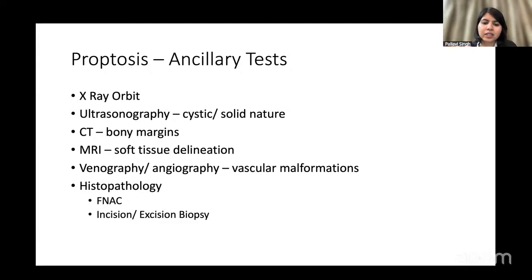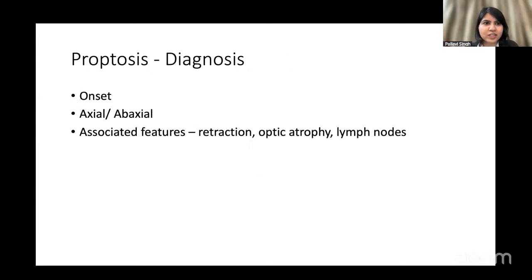But I think 90% of your viva is just this: the history, the examination, and the specific tests that you want to be doing, because examiners want to know whether, if a patient walks into your OPD with proptosis, you will be able to examine the patient. If you go out after your post-graduation, nobody is expecting you to treat these cases of proptosis, but people are expecting you to diagnose. So I think that's what most of our exams are geared towards.